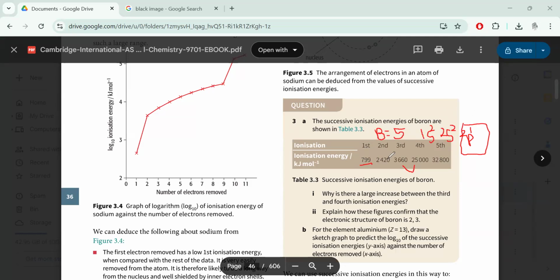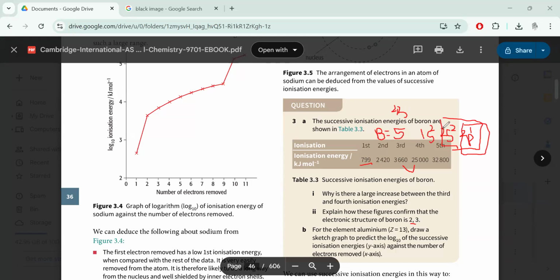We move on to the second and third ionization energy, which is the 2s2 here. It doesn't have a significant difference between the first, second, and third, because the three outer valence electrons, the structure is actually 2, 3, as I drew in this electronic configuration for question part 2.